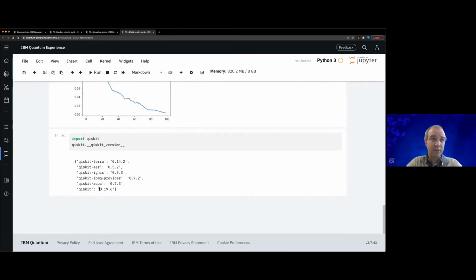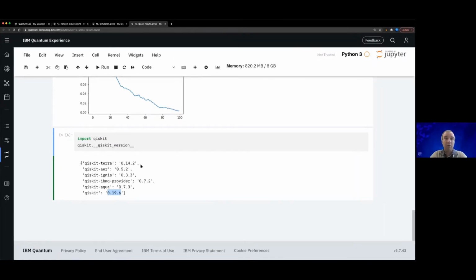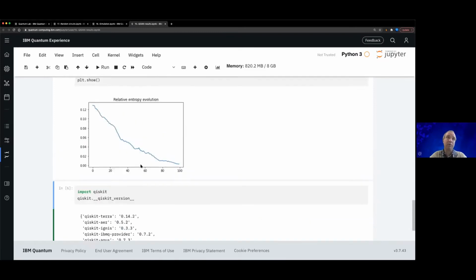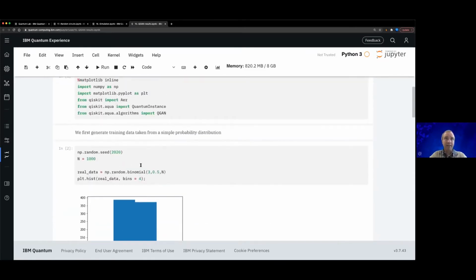For instance, you see here that I was using 0.19.6, while the current one, I think, is 0.23.1 or 2. Okay, and this problem has not been corrected yet. I hope that it will be corrected soon. But if you have this older version, or if you install this version in a separate machine or whatever, you can run it and obtain these results.